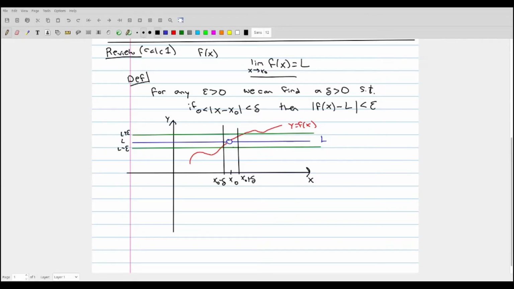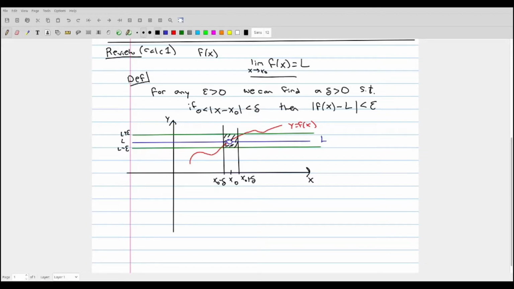So no matter how close you want to get to the limit in the range of the function, you can always find a region in the domain that traps the function inside this box. You can visualize that as epsilon gets smaller and smaller, this box is going to be getting smaller and smaller as well. But if the limit exists, this will always happen. You'll always be able to zoom in and have the function approaching this value L and staying trapped inside this box right here.